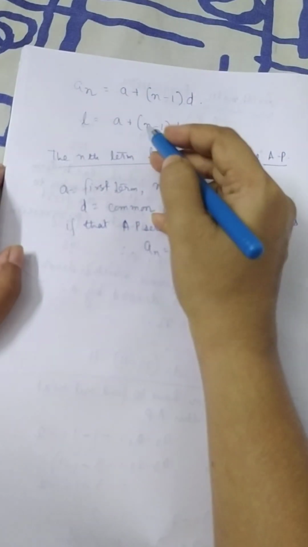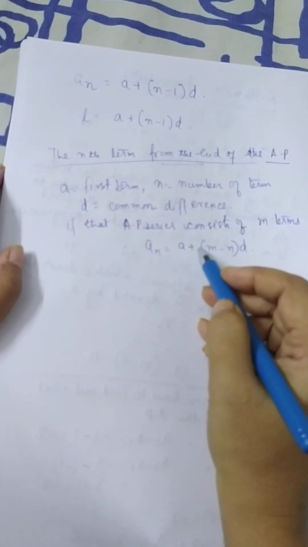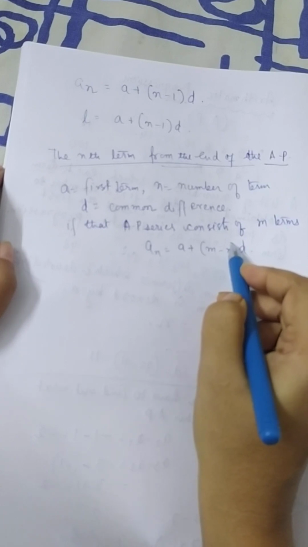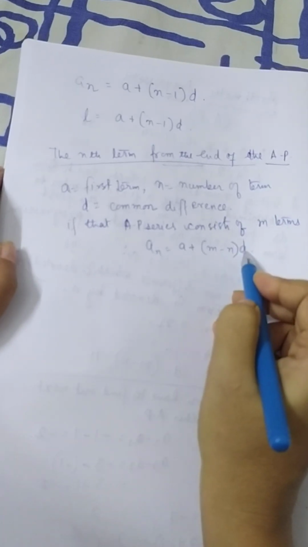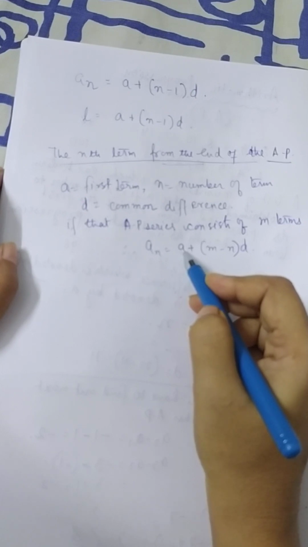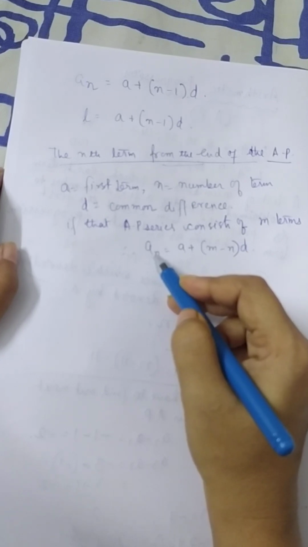Here it will not be n minus 1 into d, because I already know the number of terms, which is m. We know the common difference, we know the first term, then I have to find out the value of an term. Okay.